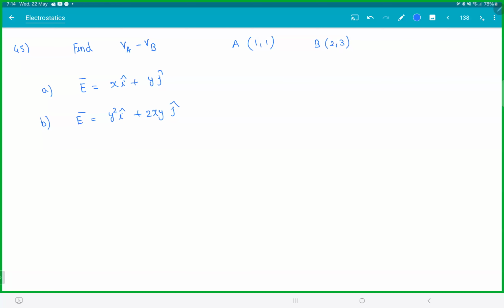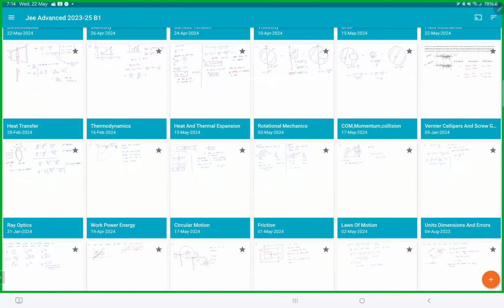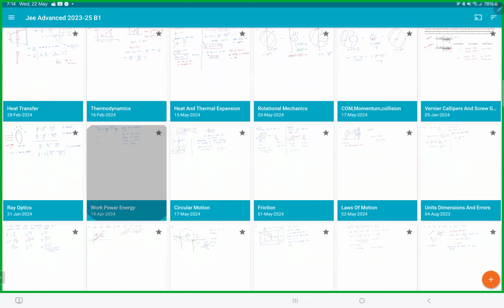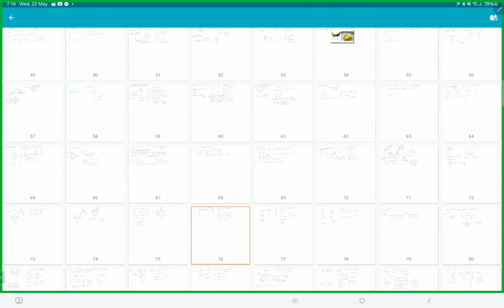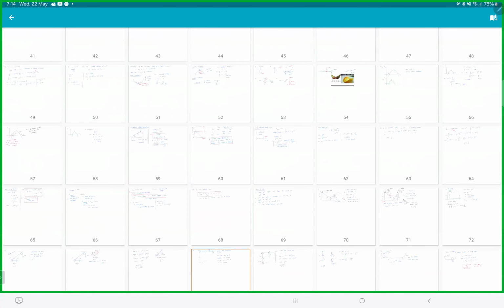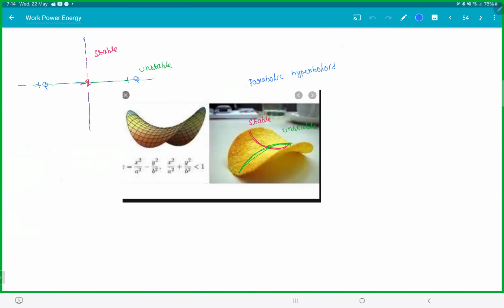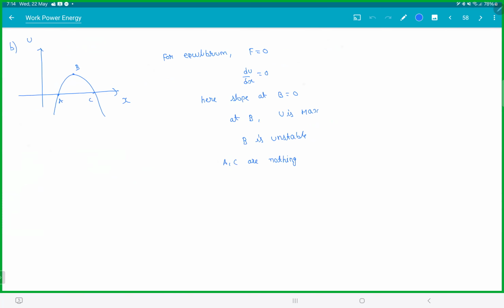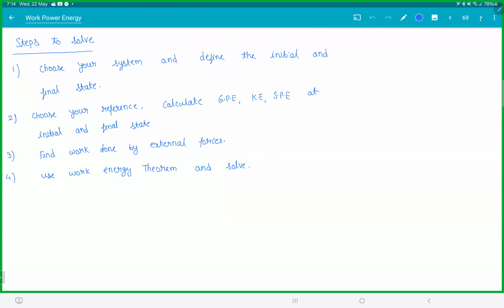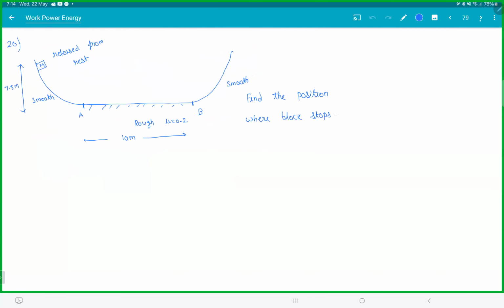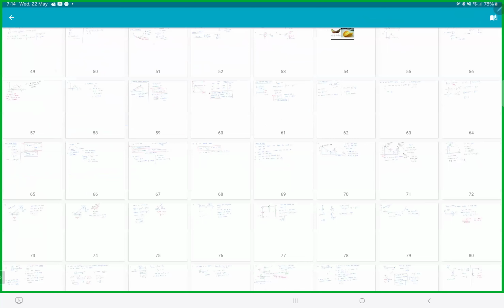See, how to do this thing? We have done this before. You know where? Work and energy. And I told you this will come again. Not here. Conservative forces में.